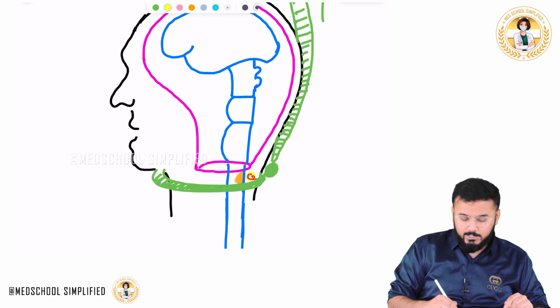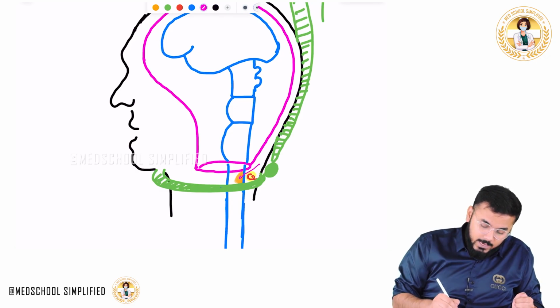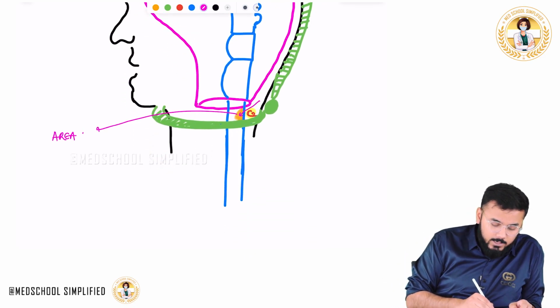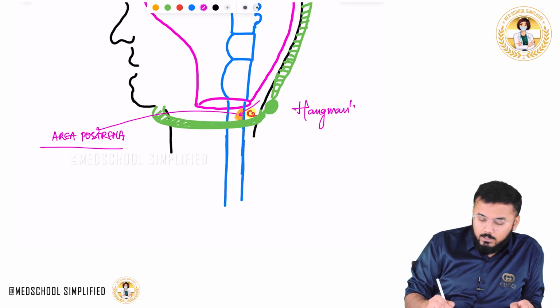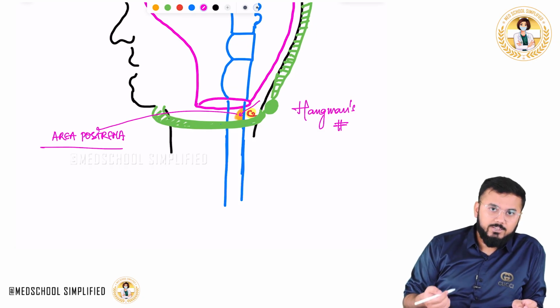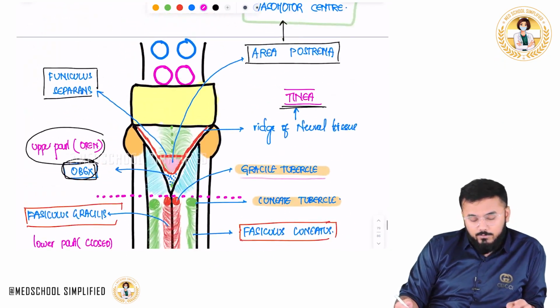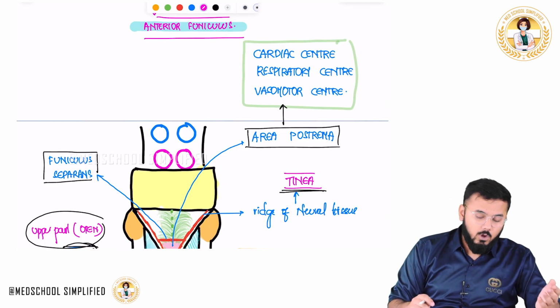When the C2 vertebra fractures, these fracture fragments compress this area postrema anteriorly. Because of this C2 fracture, the fractured vertebra will compress your area postrema, and as a result your cardiac center, vasomotor center and respiratory center will be damaged and compromised.